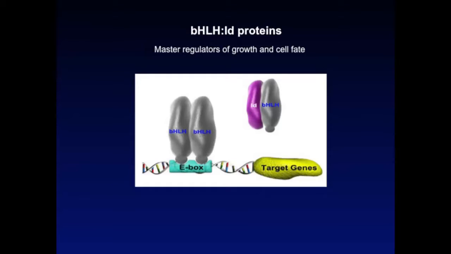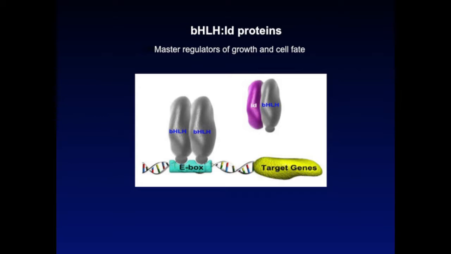So the way that basic helix-loop-helix proteins activate E-box sites in the DNA is that they're obligate dimers. And they are regulated not only transcriptionally, as we see in PDA development, but at the functional level by the family of ID proteins, ID1 through 4, which lack DNA binding domains and sequester the bHLH proteins in inactive dimers.